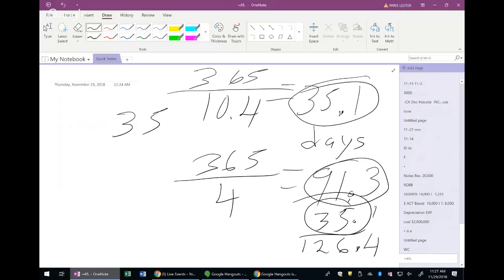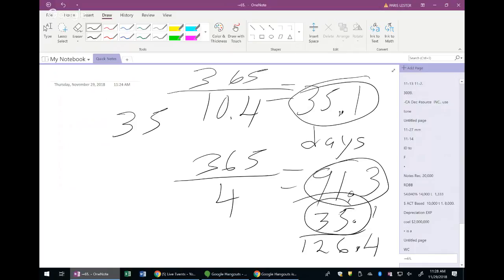All right, operating cycle. Now, the operating cycle measures the elapsed time from when inventory is received from suppliers to when cash is received from customers. Now, a manager's goal is to reduce the operating cycle. You want that reduced. You want to collect quicker. You want to sell quicker.